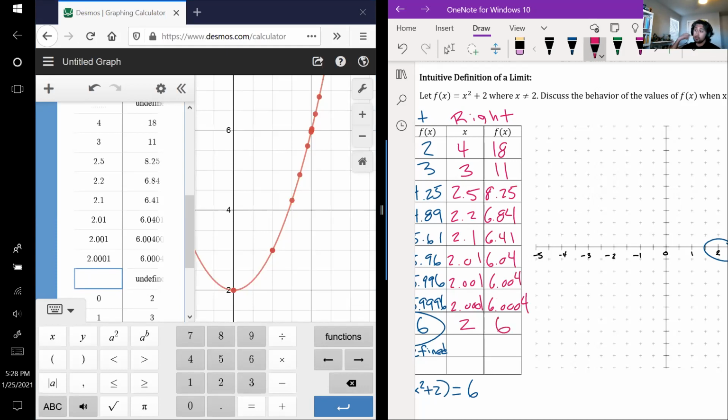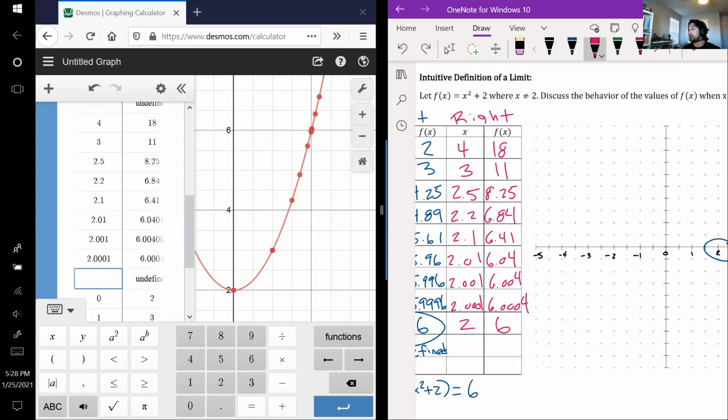Okay, so just like the left-hand limit, we see that as my x values get closer and closer to 2, once again, we see that my y values are getting closer and closer again to what number? 6. Good.